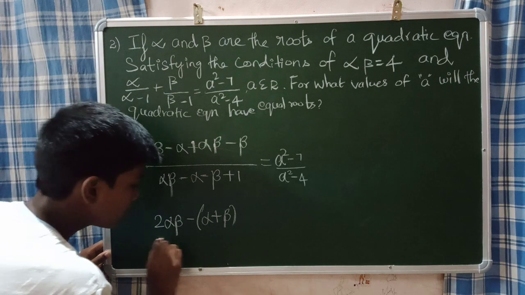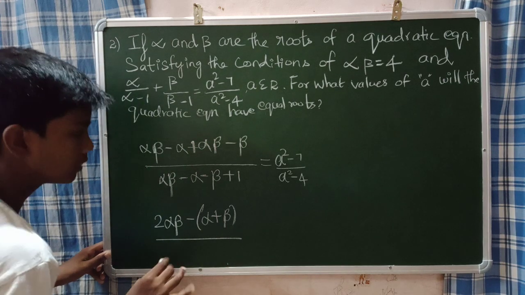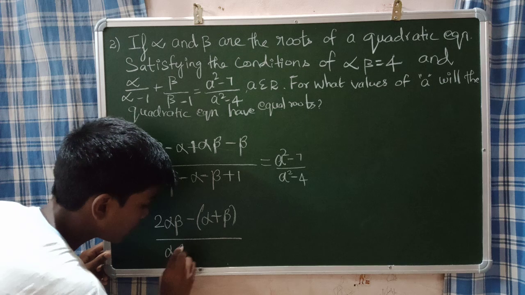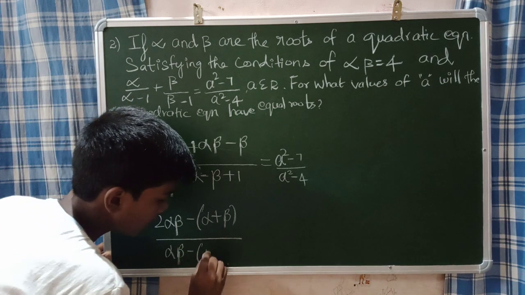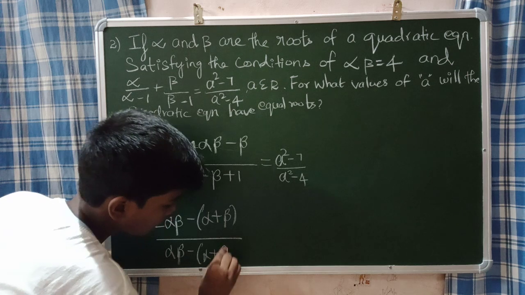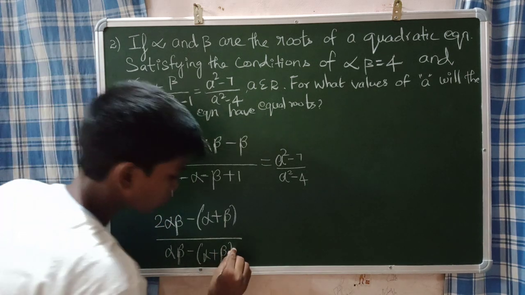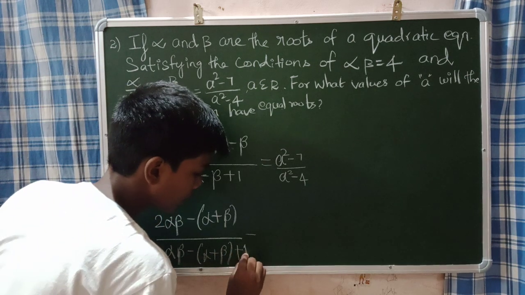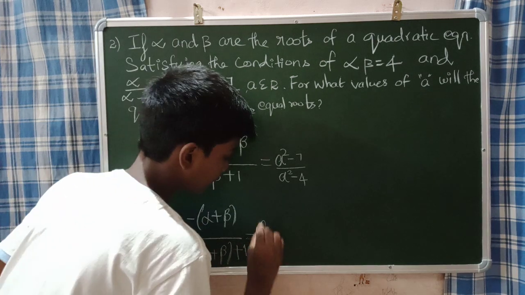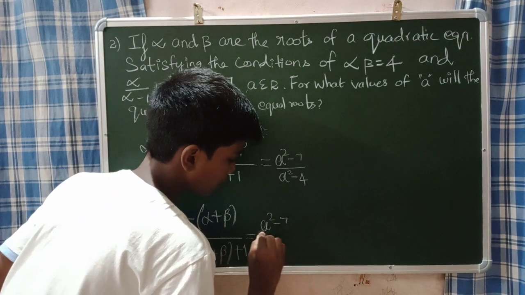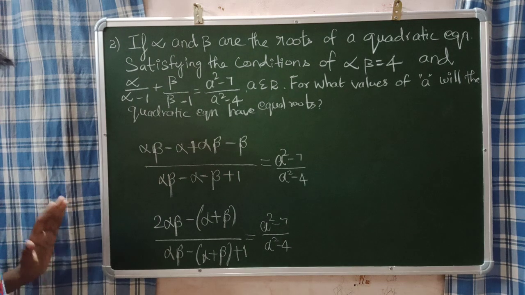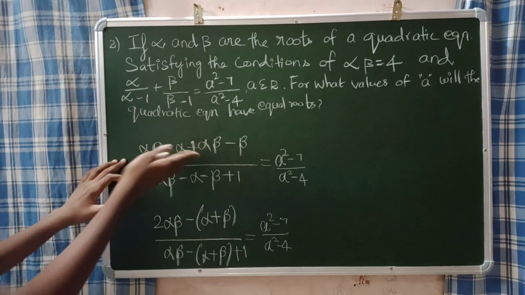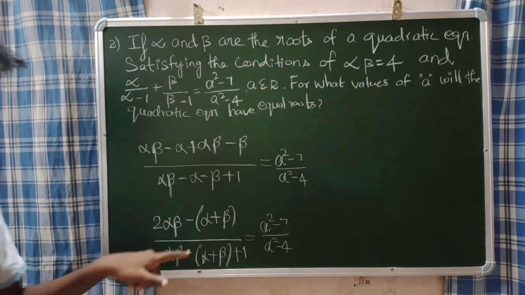Then our denominator will be alpha beta, minus of alpha plus beta, plus 1, equal to a square minus 7 divided by a square minus 4. This is what the expression will become. Now what I did is, I just grouped alpha plus beta and minus of alpha plus beta.